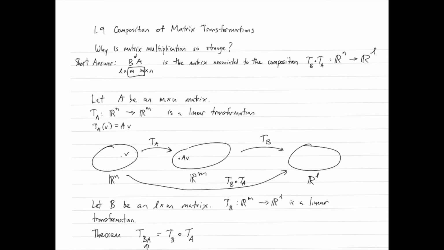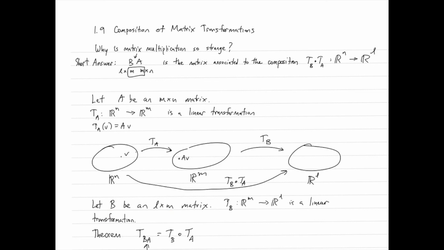And geometrically, v is the input. You apply this function or linear operator or map to v, and you get some other vector in a different space, called A times v.